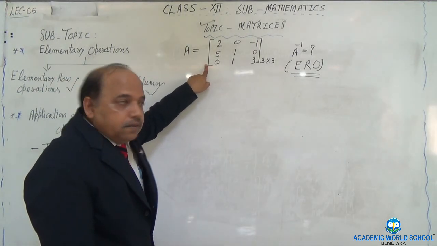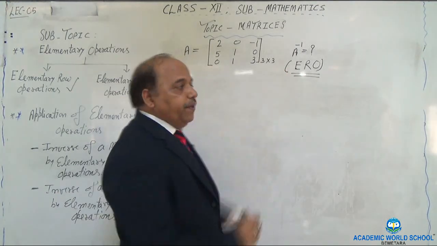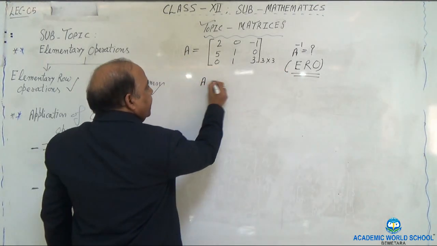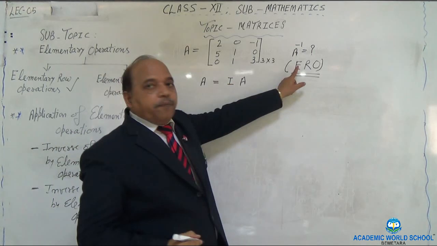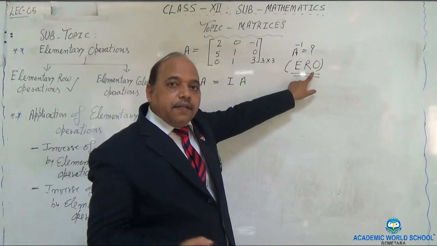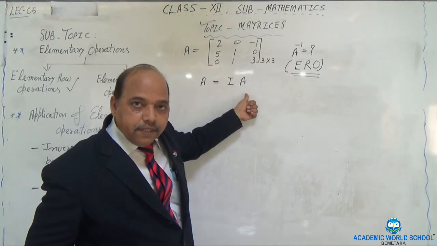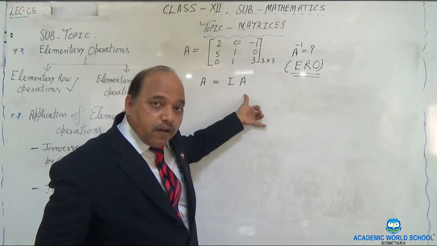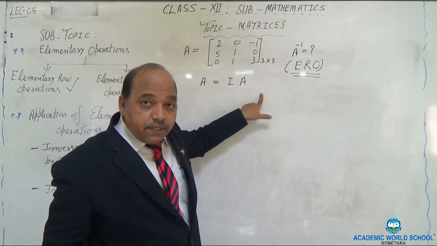So first thing, as we have to apply elementary row operation, we need to write down A is equal to I into A, because we are applying elementary row operation. Therefore I has to be written in left of this A. If it was column, I would have written this I on the right side of that A. This is one thing.